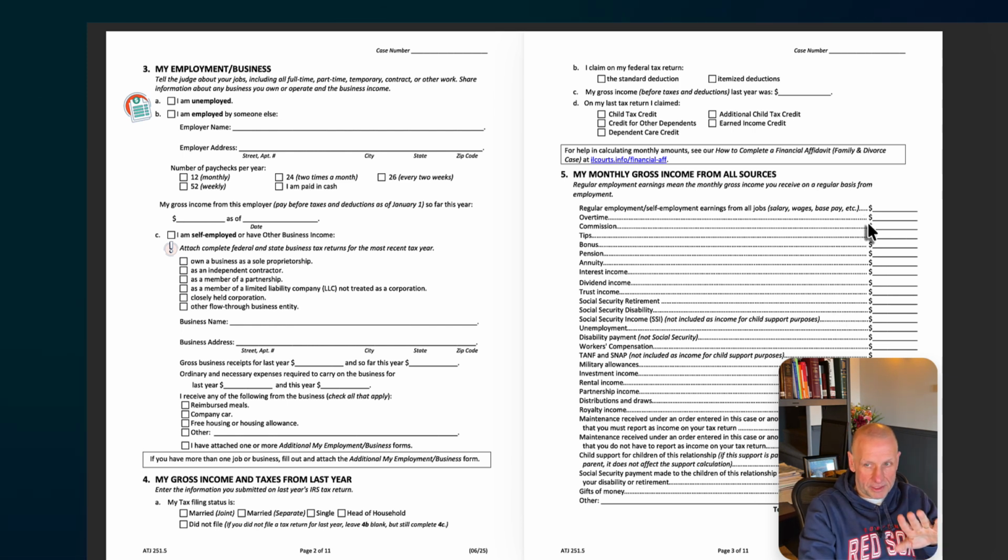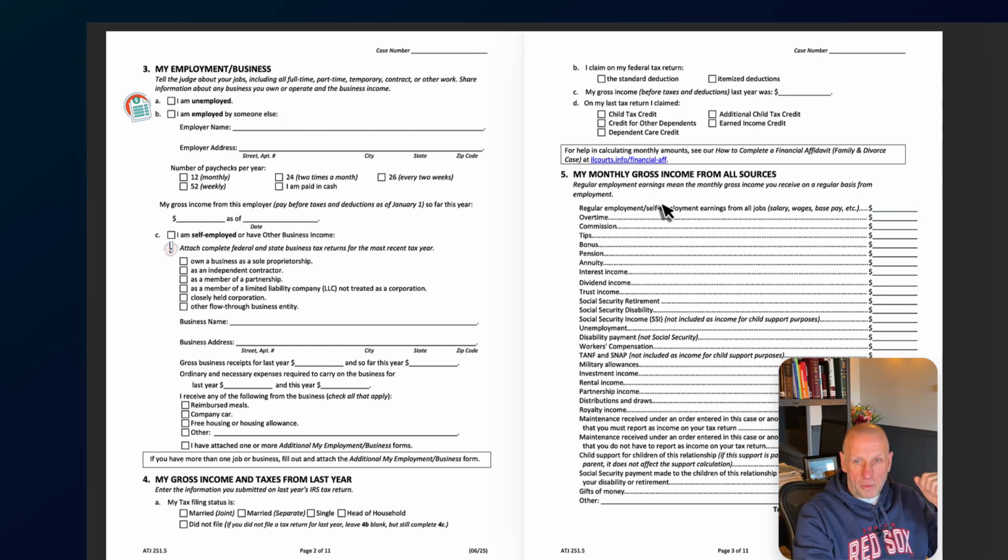A lot of times what I'll tell people is more information is better than less. So if you have a number and you don't really know where it's going to fit, fill it in and then put an asterisk next to that. And you can always attach another sheet to this and explain. Say, for instance, on the attached page, hey, back on page 3 of 11, item number 5, I put down $5,000 on regular employment income.